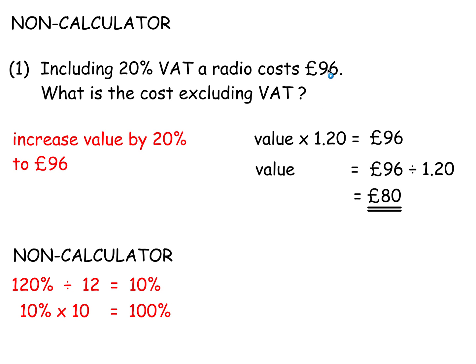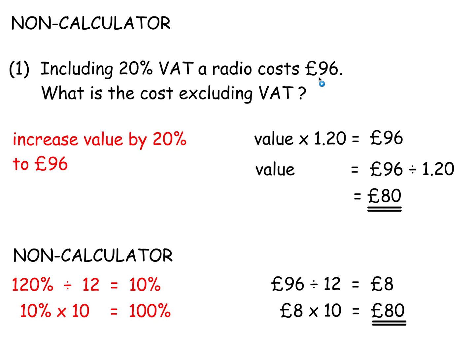Divide it by 12 and you get 10%, and times it by 10 and you'll get 100%. So there it is, £96 gets divided by 12, and that means you've now got what 10% is, £8. Times that up by 10 and you've got 100%. It costs £80. So that's without a calculator.